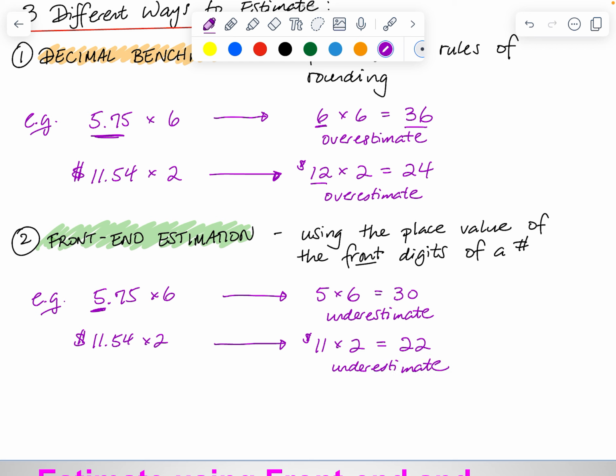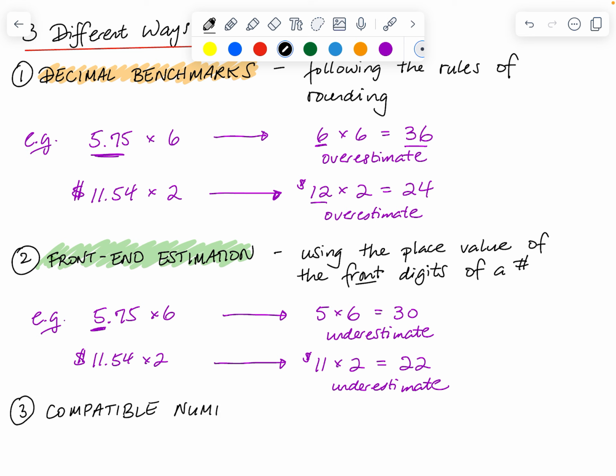Now, the third way in which we estimate, and I'm going to try to squeeze this in all on the same page, is what we call compatible numbers. And this is the most flexible of the estimation strategies and probably my favorite because it doesn't really follow any strict rules per se. So compatible numbers simply is when, okay, let me just highlight this here.